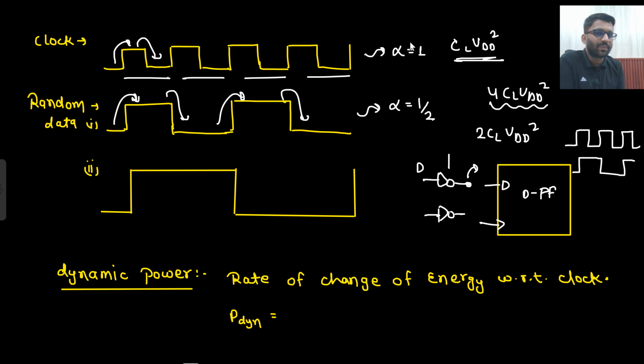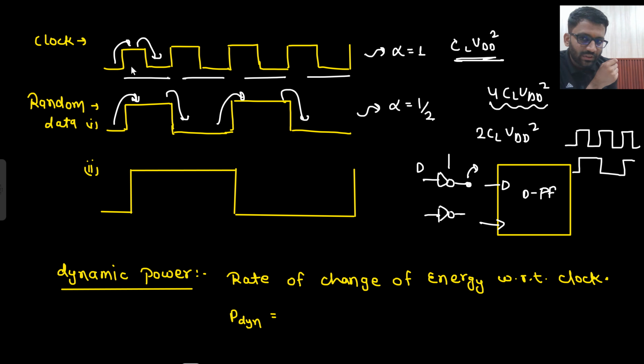This is my clock. With respect to clock, if I am defining alpha equal to 1, then this alpha here will be half. So if you design any sequential or combination circuit, the clock will always have your activity factor as 1. So how will random data have an activity factor? You need to see in a clock cycle, how many transitions are there.